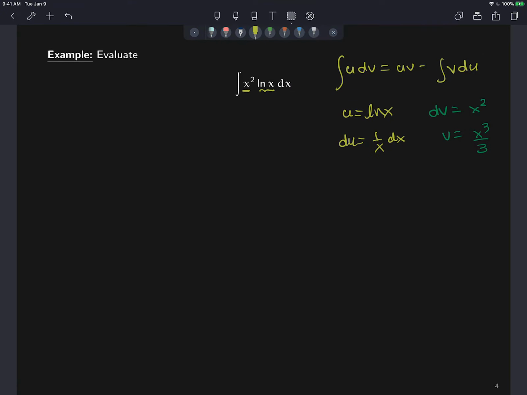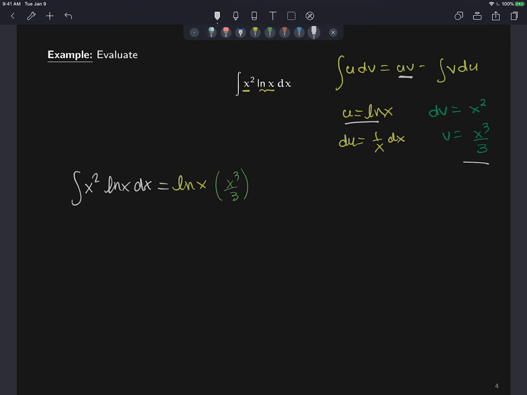Okay, I'm going to write over here. I'm going to use white for the neutral color. So the integral of x squared ln x dx would be u times v, so I'm going to multiply ln x times x cubed over 3.